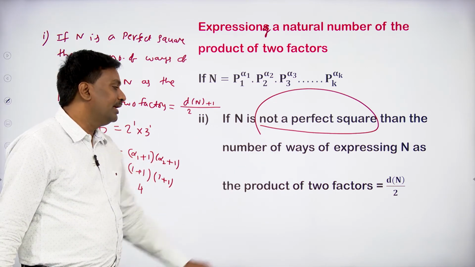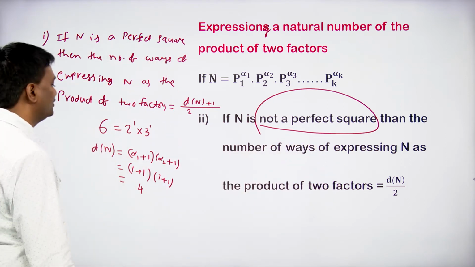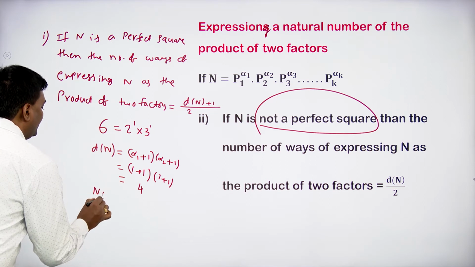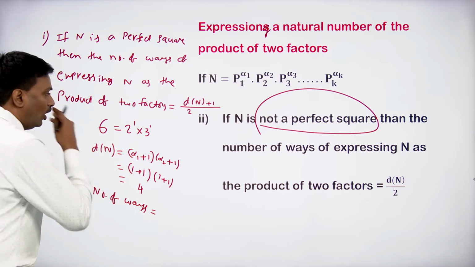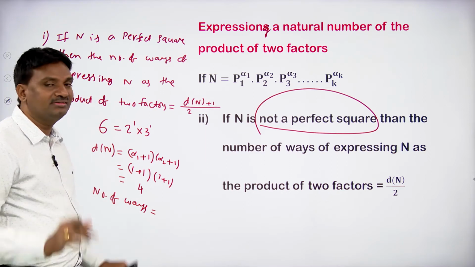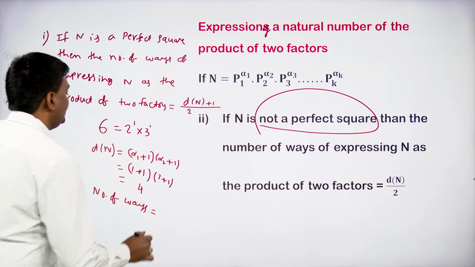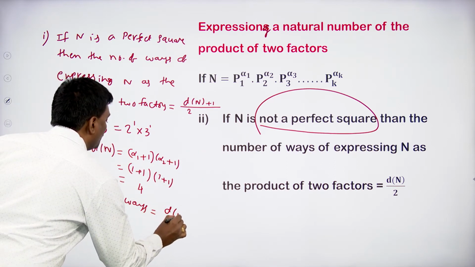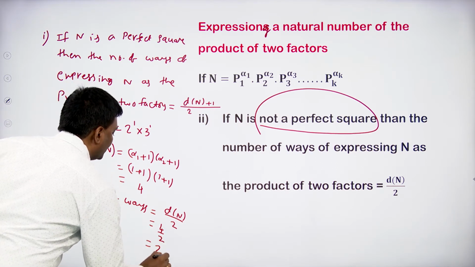Now the formula is the number of ways of expressing n as the product of two factors equal to d of n by 2. In how many ways can we express the number 6 as the product of two factors? The formula is d of n by 2, where d of n is 4, so 4 by 2 equals 2.